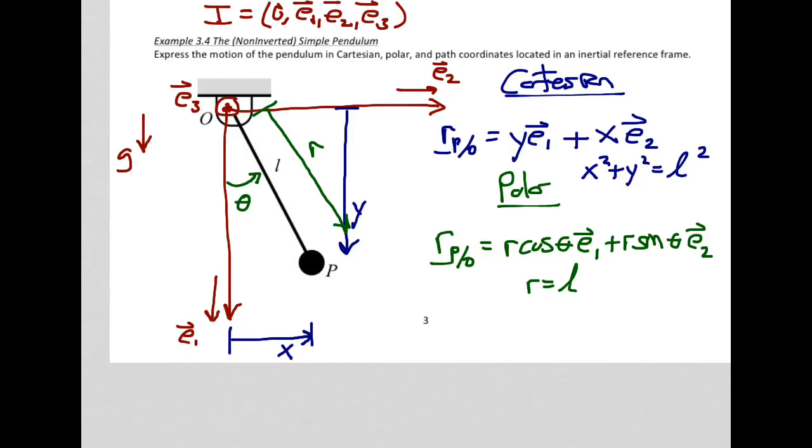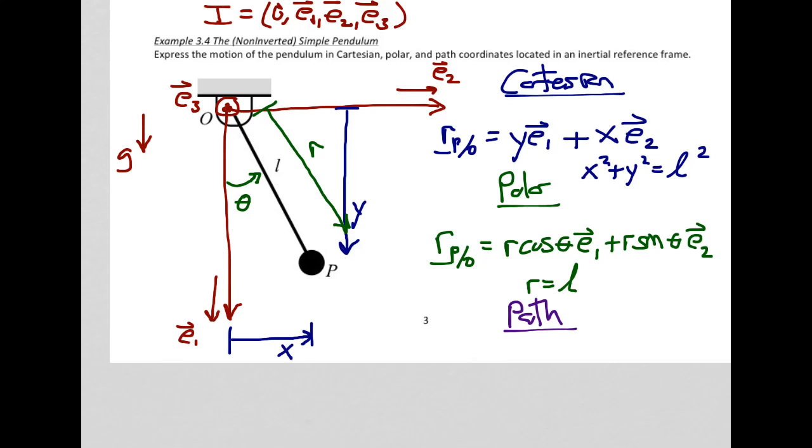So let's define the position of particle P in path coordinates. Now we just got finished saying that in order to define the position with path coordinates, we have to have a well-defined mathematical description of the curve or of the path in which it's on.